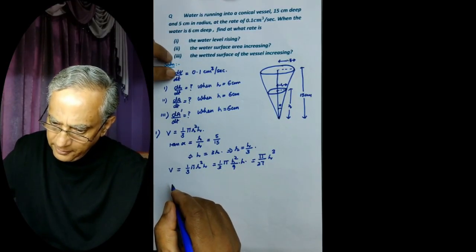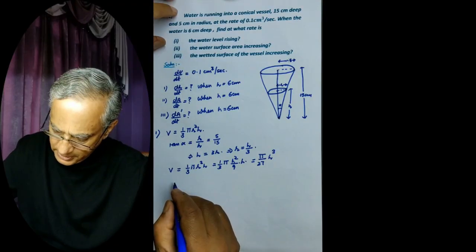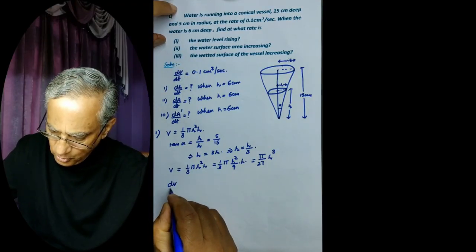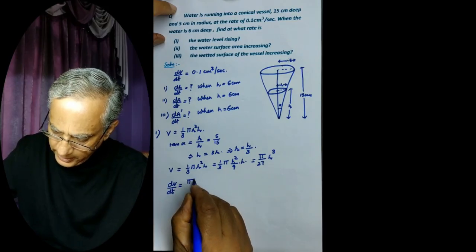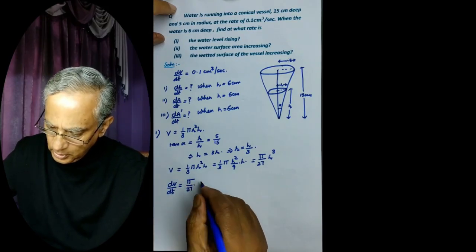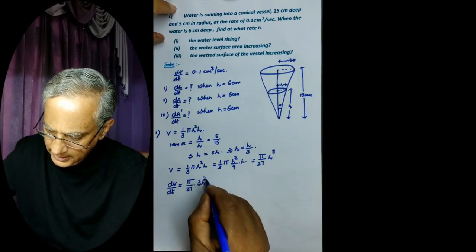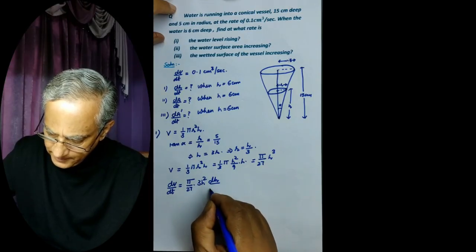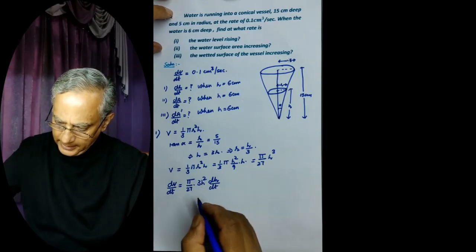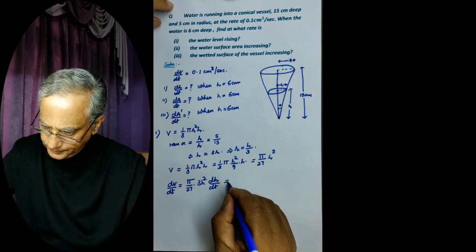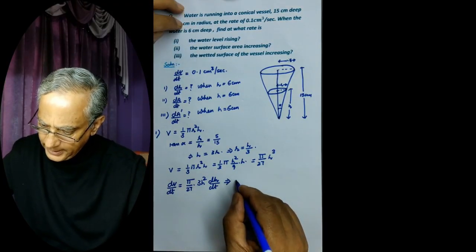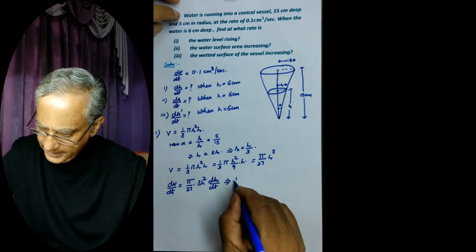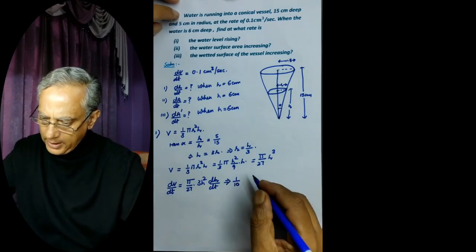Now we are given dV by dt. Differentiate this with respect to t. dV by dt is equal to pi by 27 into 3h square into dh by dt. dV by dt is 0.1, which is 1 by 10.